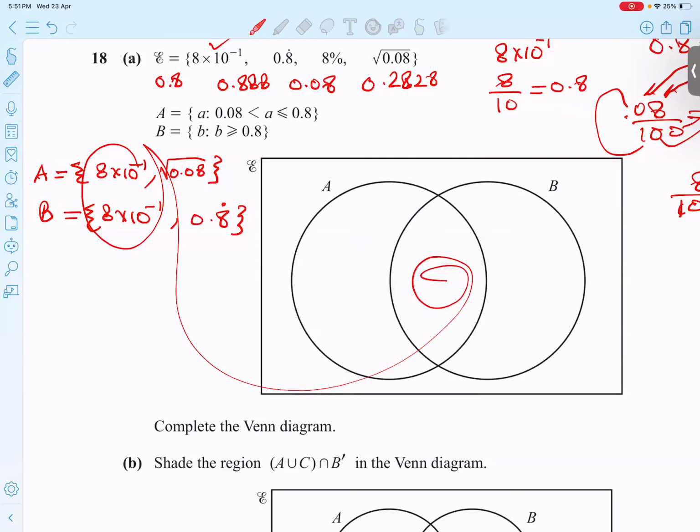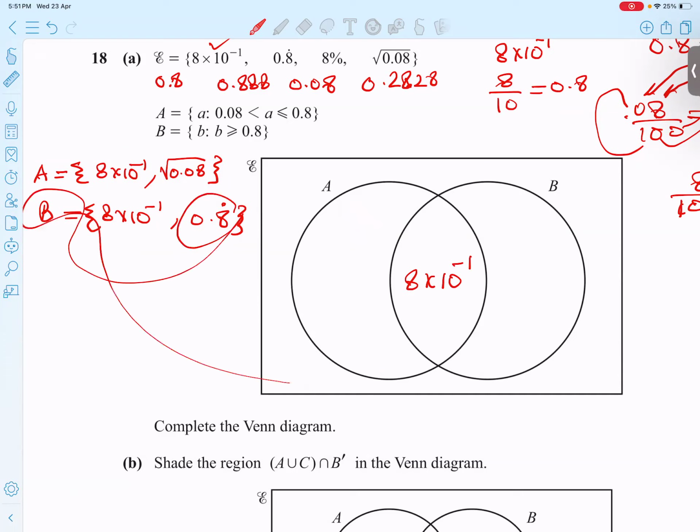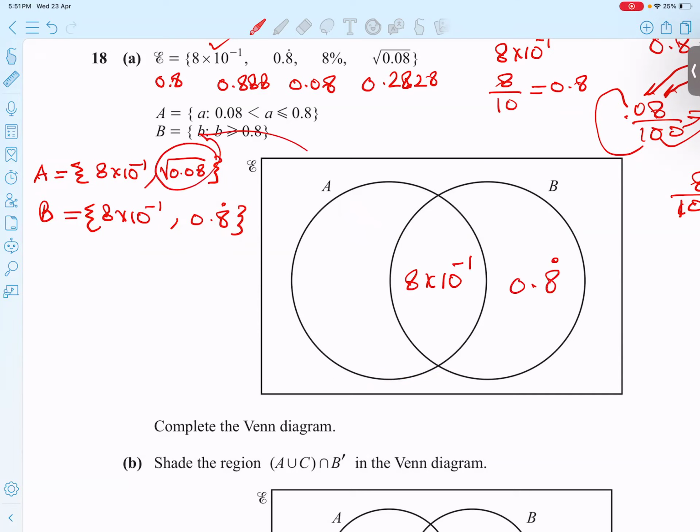So I'm writing it here: 8 into 10 to power negative 1. And I believe this part is very clear. Now you are facing other numbers, naturally B. So this is in B. I'm copying it here: 0.8 with the dot on it. And this number will come here. And I believe this part is also okay.